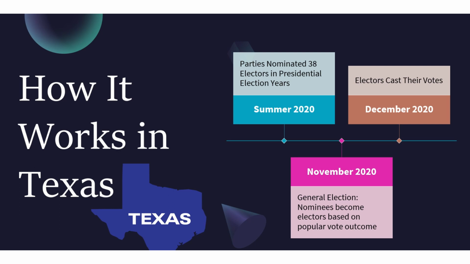If the Republicans win that contest of the popular vote, as they did in 2020, there were more people in Texas who voted Republican than Democrat. Then, by way of the Texas election code, the Republicans' nominees, those 38 nominated electors, become electors.